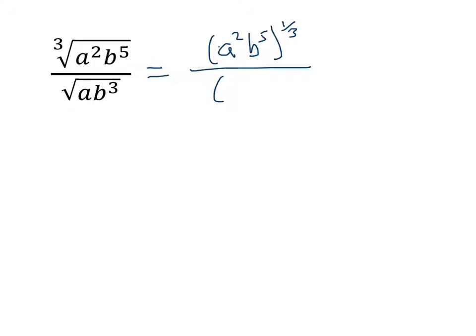Let's take the inside here, ab to the third, and that's going to be to the 1/2 power. Okay, remember, the indices become the denominator in that fraction when we're writing things as rational exponents. All right, so there we go. And then we have our rule. Now we have all these exponent rules that we learned when we were dealing with exponents that weren't fractions.